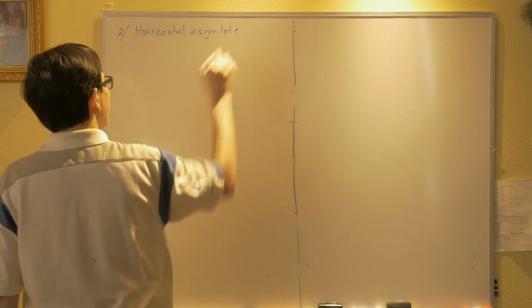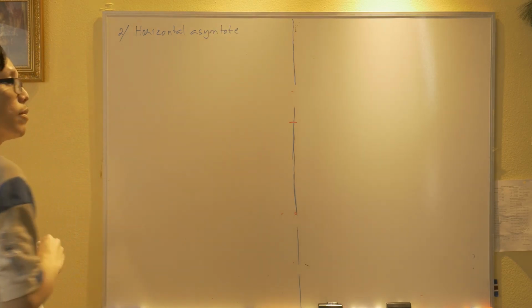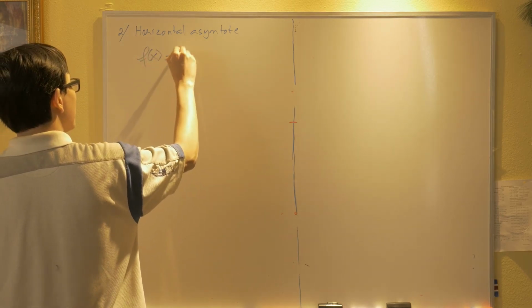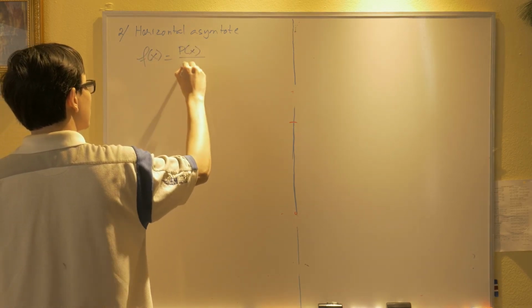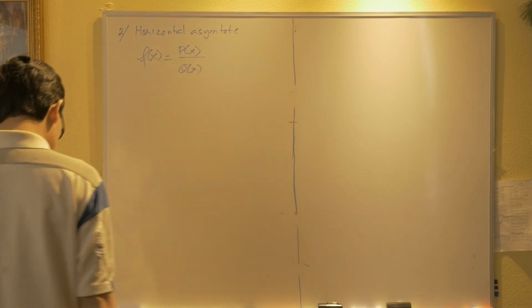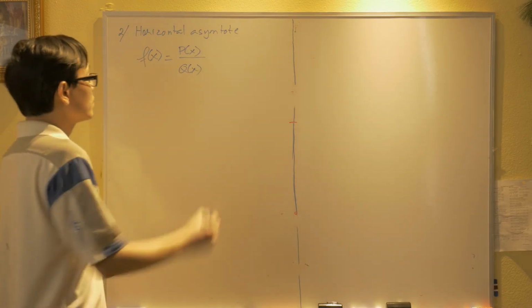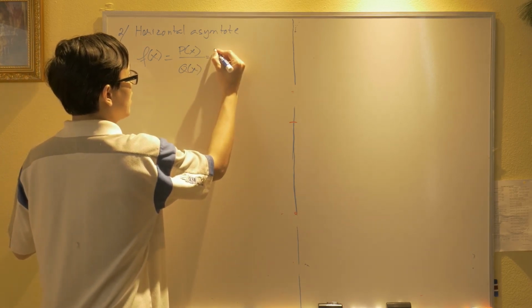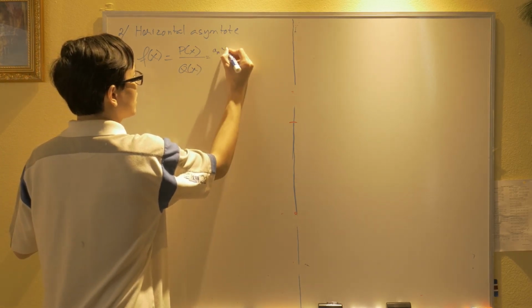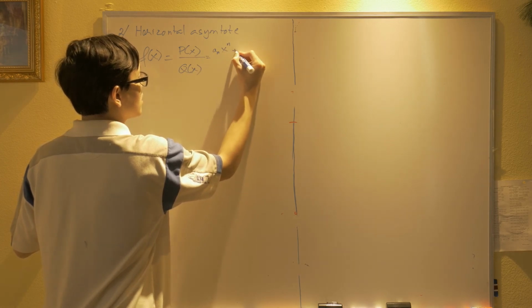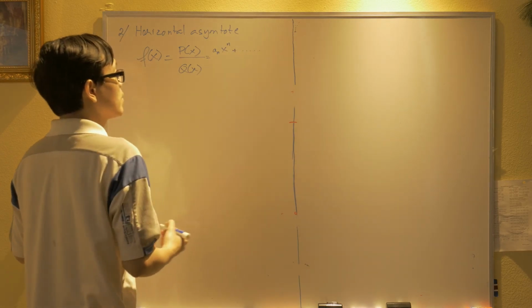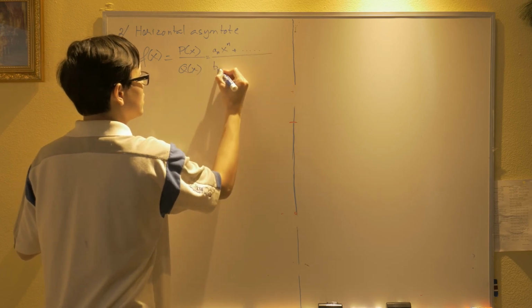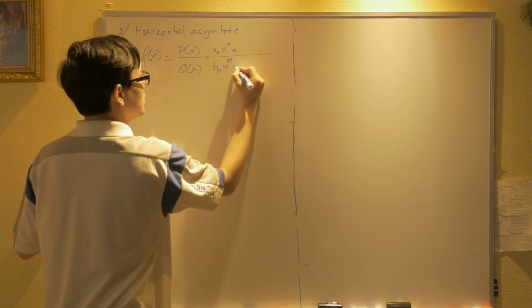Let me rewrite the general form of a rational function over here. So we have f of x equal to p of x over q of x, right? And p and q are polynomials, and because they are polynomials, I can write p as a sub n x to the n plus dot dot dot, and over here we have b sub m x to the m plus dot dot dot.